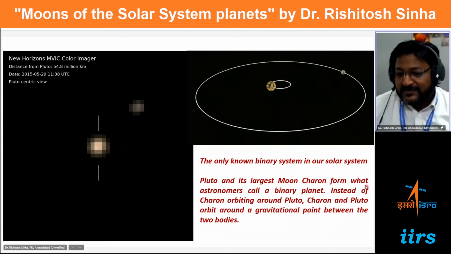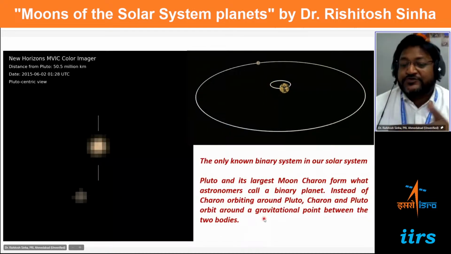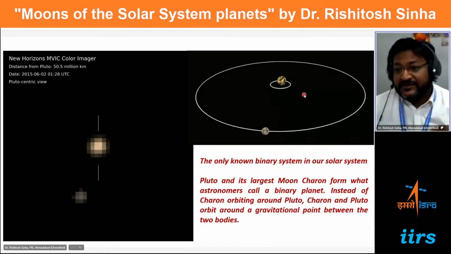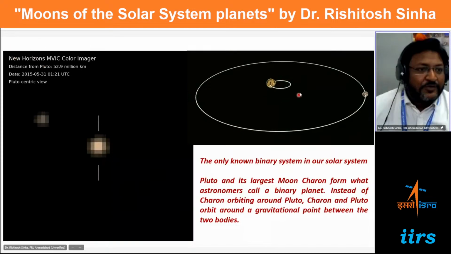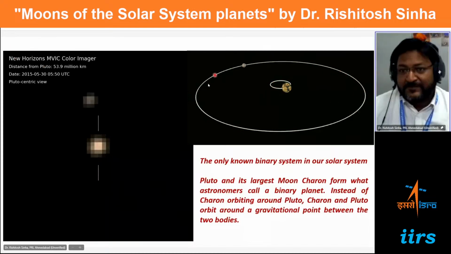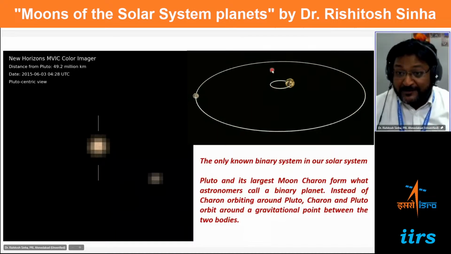Instead of Charon orbiting around Pluto, Charon and Pluto orbit around a gravitational point between these two bodies. New Horizons has also seen that it's not simply rotating around Pluto, but that there is a gravitational point between these two bodies around which it rotates.